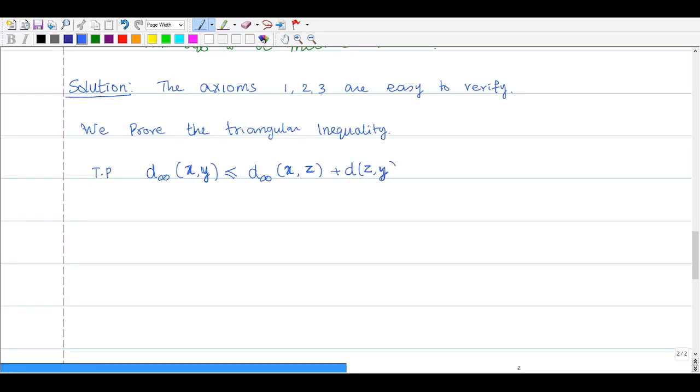So we need to show this for every x, x ங்கிறது x1, x2 ... xn, y ங்கிறது y1 ... yn, and z equal to z1 to zn. So this belongs to R power n.